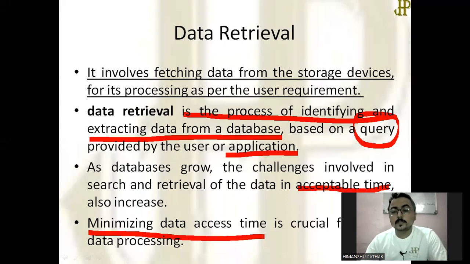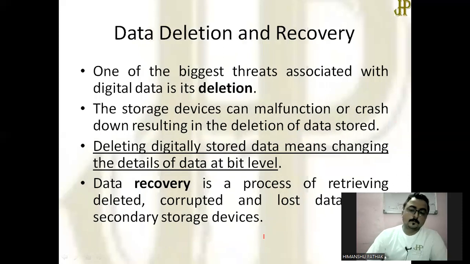Your data is going to be downloaded over a very long period of time, so it is not acceptable. That's why technology keeps changing, the mechanism through which data can be accessed in an acceptable time. Now, this is done.